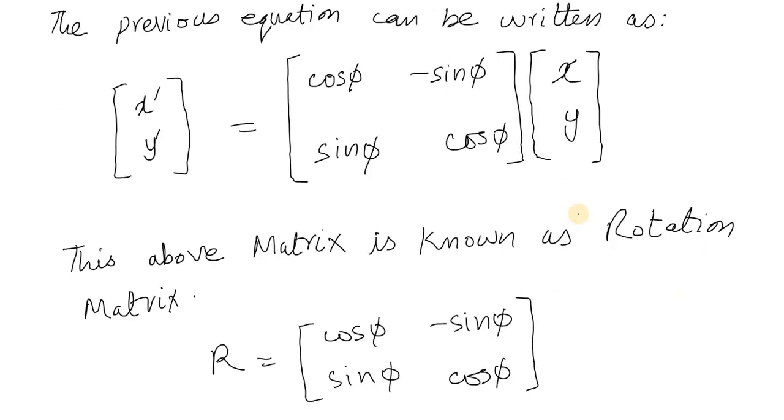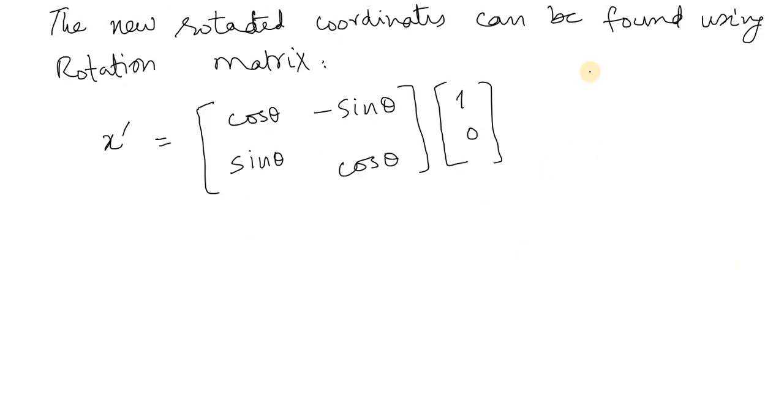So here it will be 1 and here it will be 0, because the x coordinate doesn't have any y component. So that's what we did here, 1 and 0. And if you multiply this, we get cosine theta and sine theta.